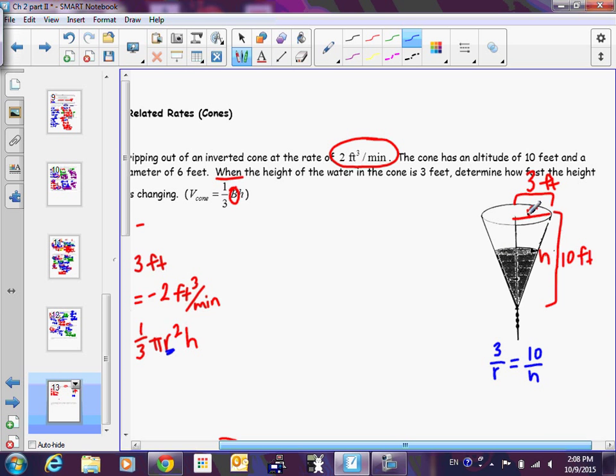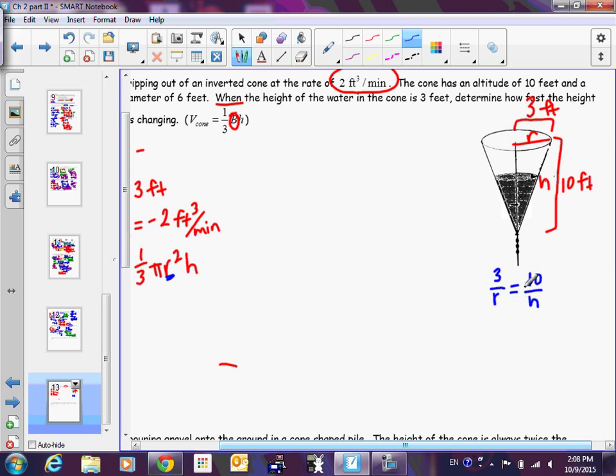You could have set up the ratio a different way. You could have said r over h. So listen to what I'm saying. r over h, what would that equal? 3 over 10. In the end, it does not matter how you set up this ratio, because as soon as you cross multiply, everybody would get 3h equals 10r or 10r equals 3h.